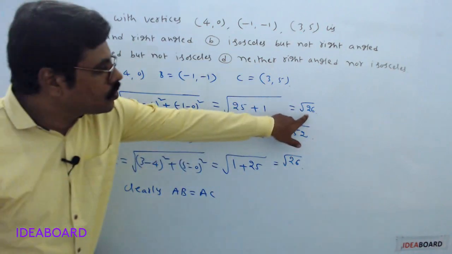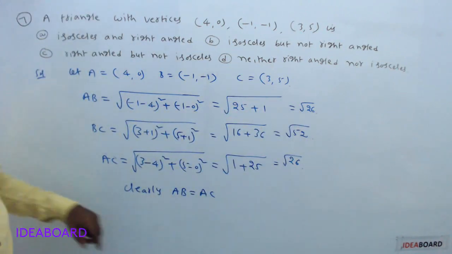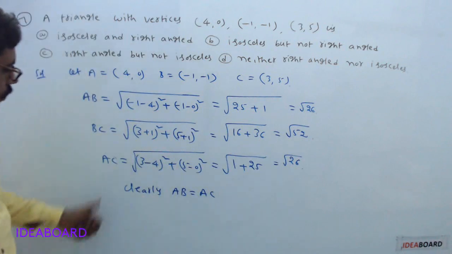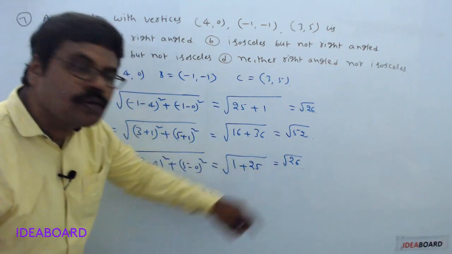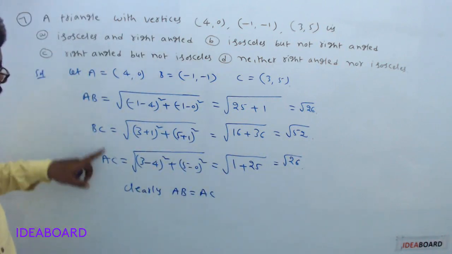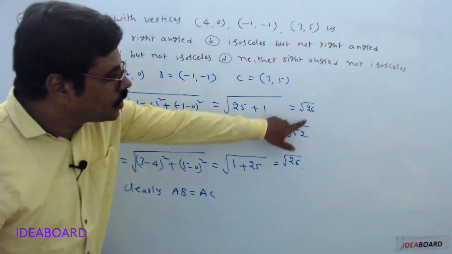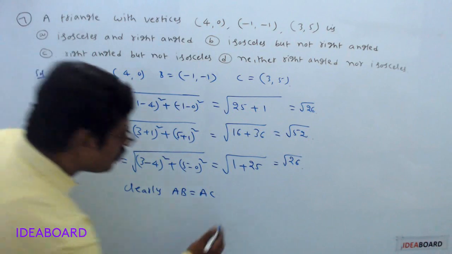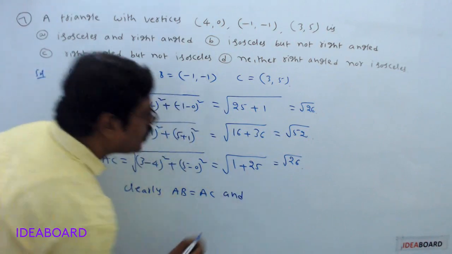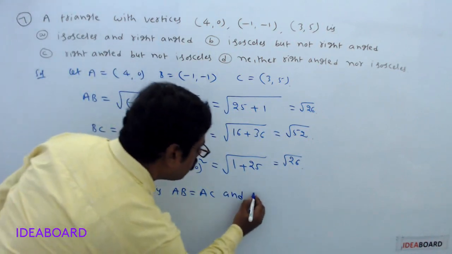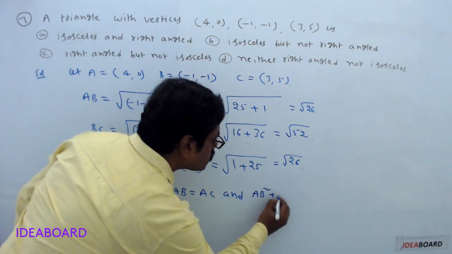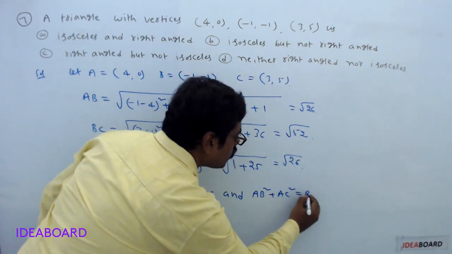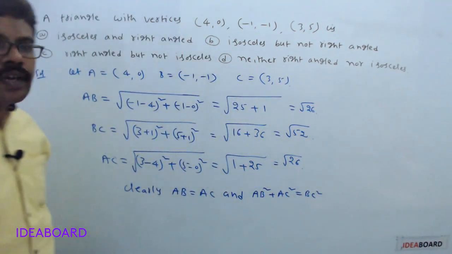AB square value 26, BC square value 52, AC square value 26. AB square plus AC square is 26 plus 26, that is 52. So these values satisfy one more condition, that is AB square plus AC square equals BC square.